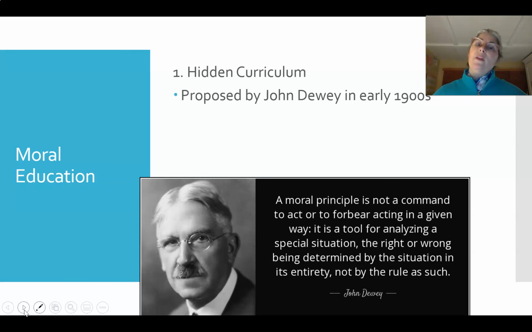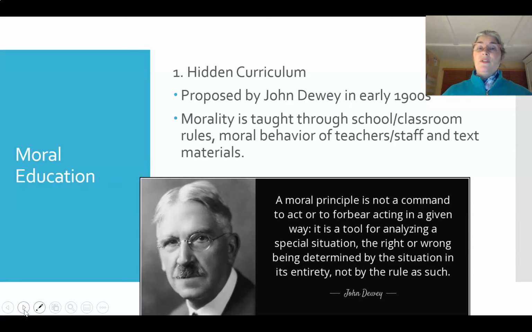And he said that the way that we do this is through the structure of the school, that the school itself and the way it is set up can help to promote moral standards in our students. So we do this through having school policies, classroom rules, by having teachers and staff who are moral and upright citizens, and through the choice of our text materials.